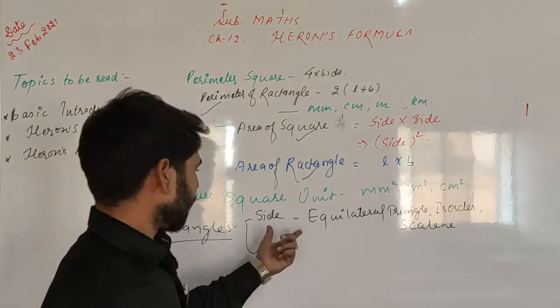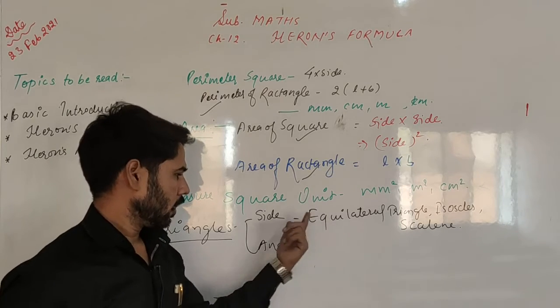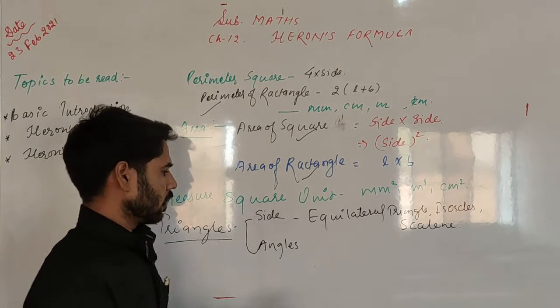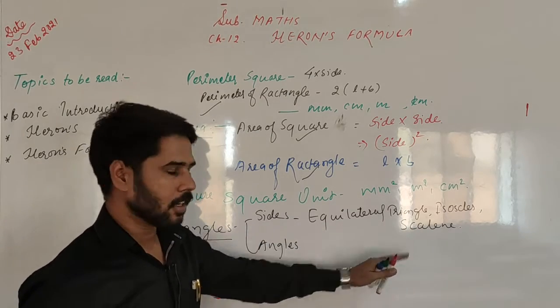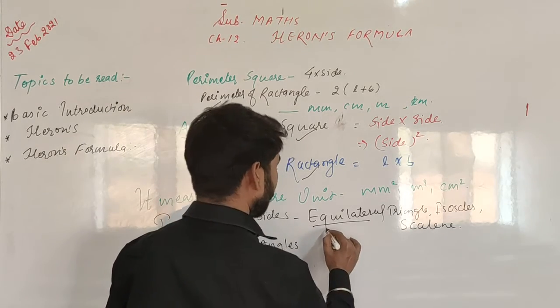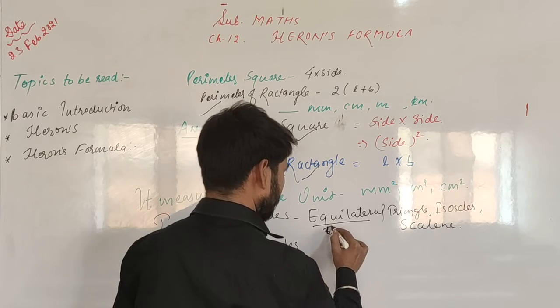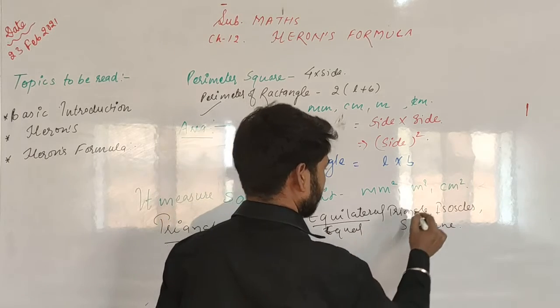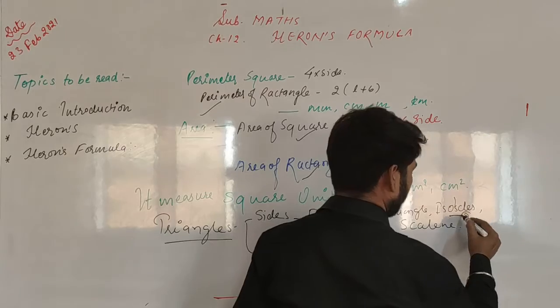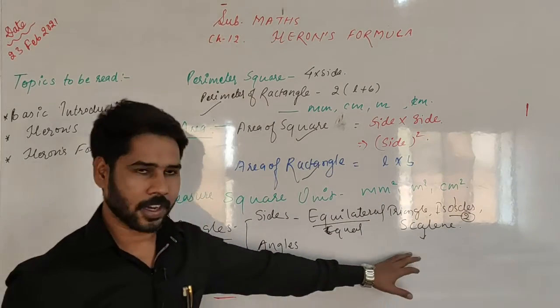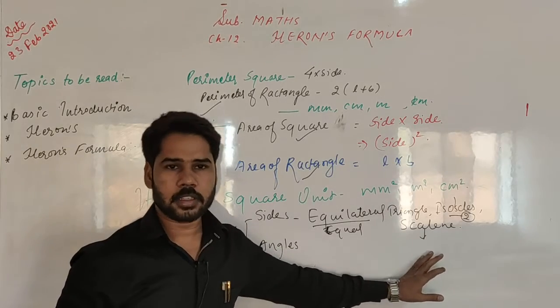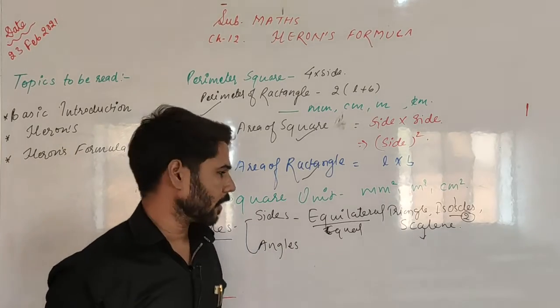These are the three types of triangle on the basis of sides. Equilateral triangle has all the sides equal in length. In isosceles triangle, two sides are equal. In scalene triangle, no side is equal. All the sides are different in length.